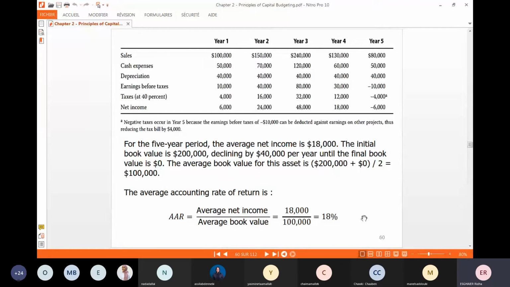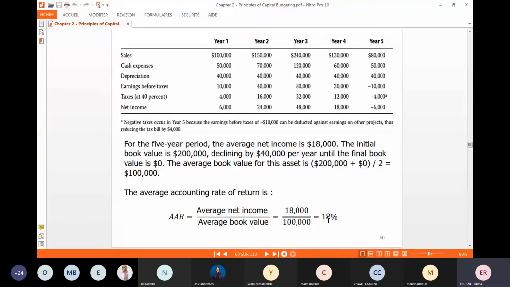This accounting rate of return, we need to know it, but in real life it's not frequent to use it because it has many limitations. It has one advantage, which is that it is simple to compute and simple to understand. This is your average accounting revenue as a percentage.